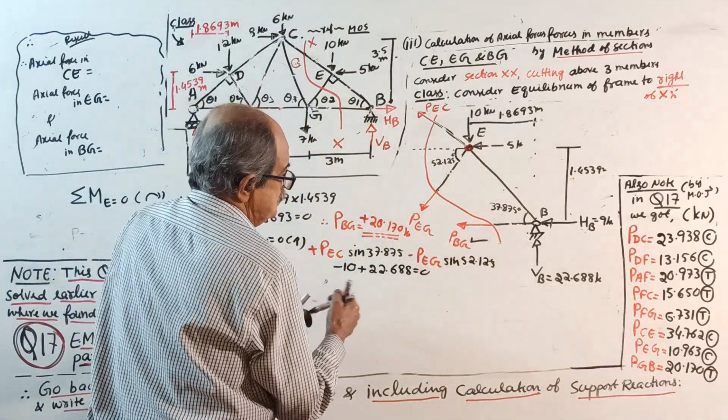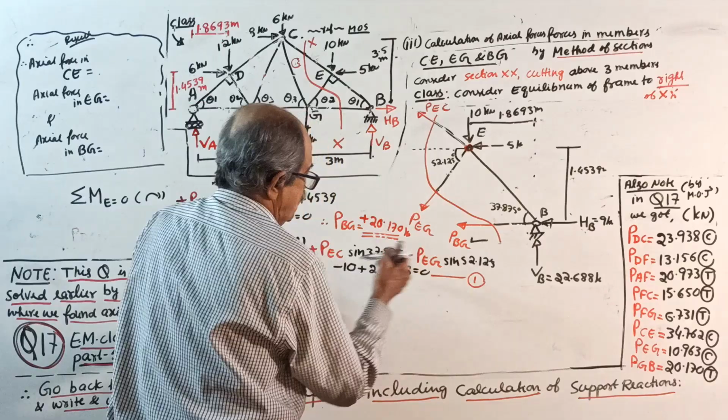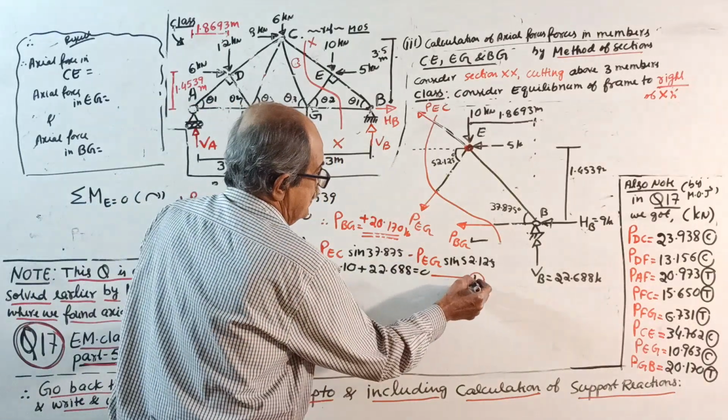Both are unknowns. You get equation number 1.